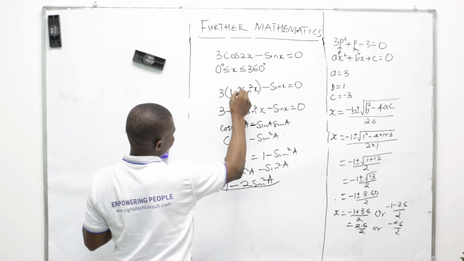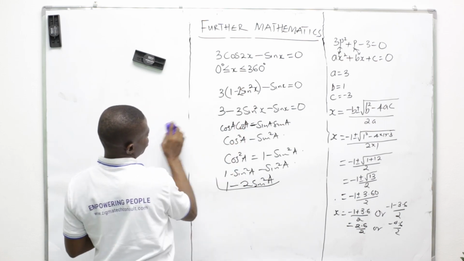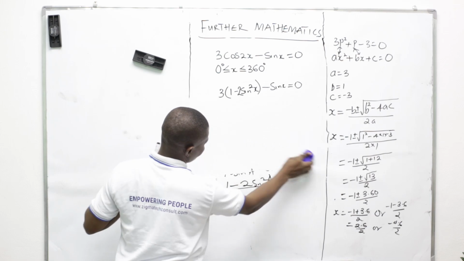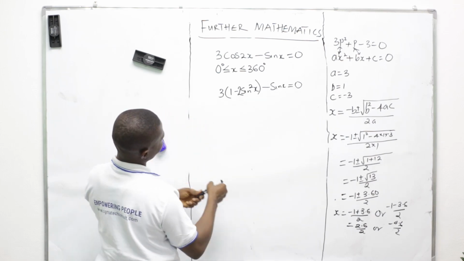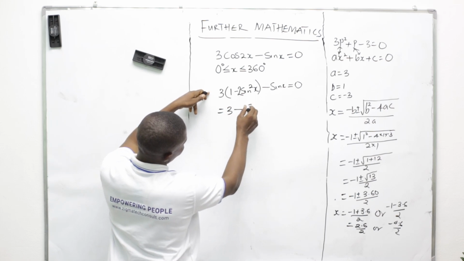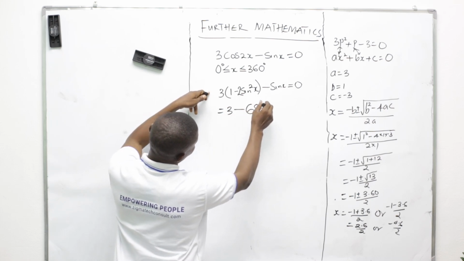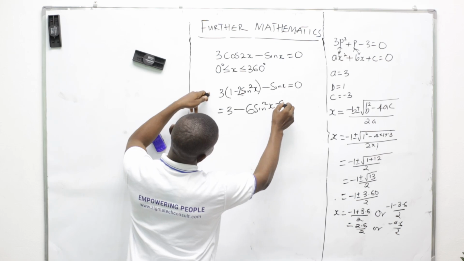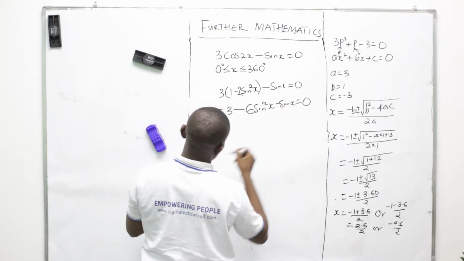It's just 1 minus 2 sine square. Then, expanding it, you will have 3 minus 6 sine square x minus sine x equals 0.